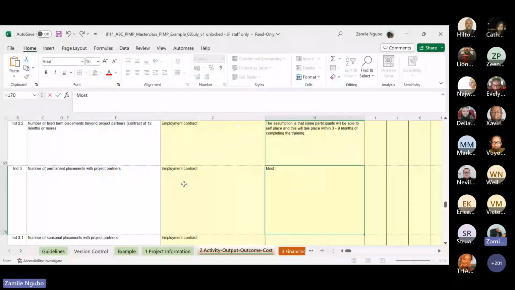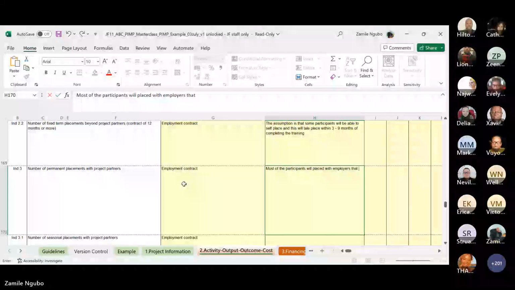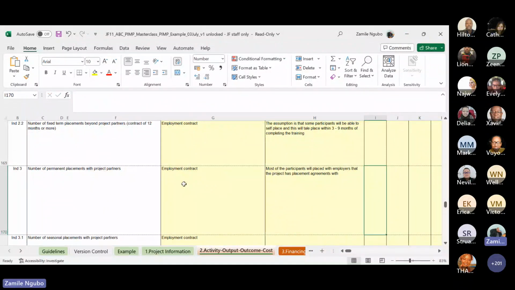So we are assuming that 136 will be placed with project partners.